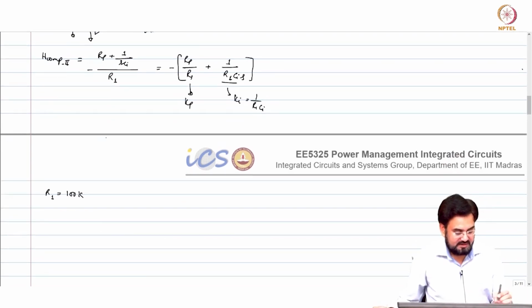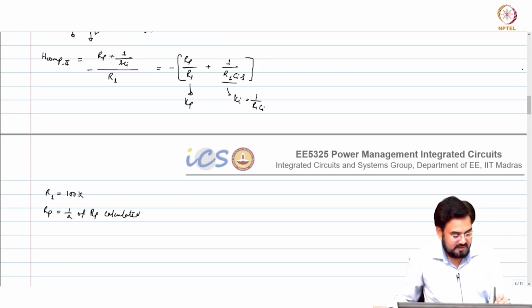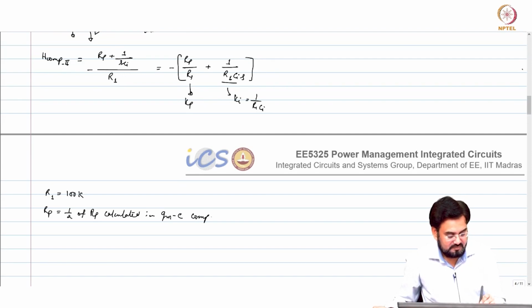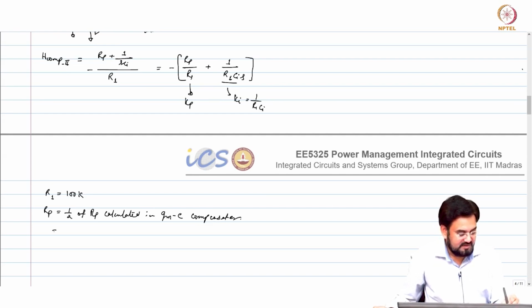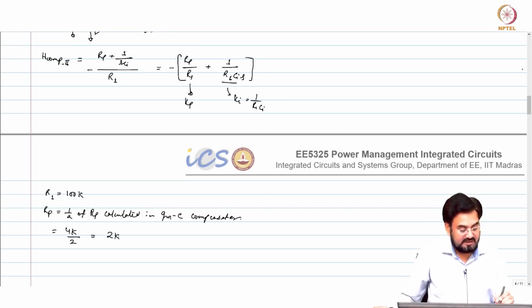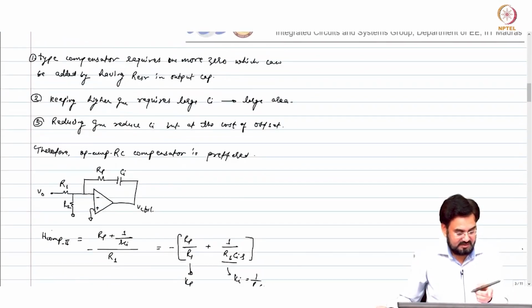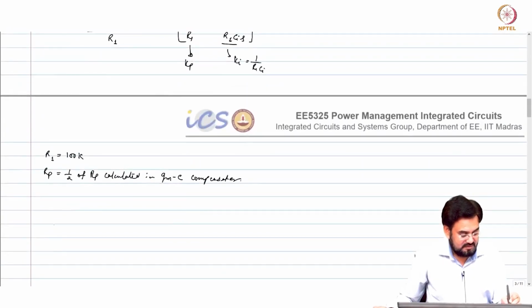So R1 is 100K, RP requirement will be half of RP calculated in the previous case, that is 4K by 2. First let us look at what Kp should be.